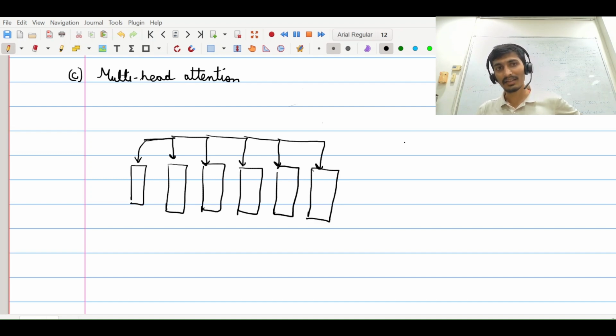Maybe the information being passed from one input stream might be more important than the input coming from a different stream.